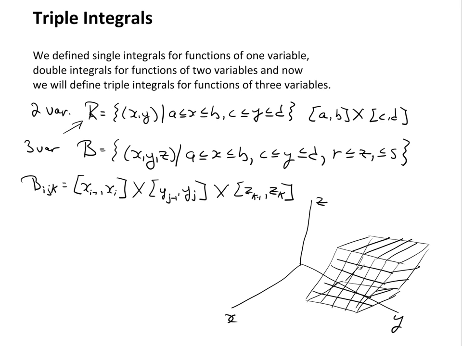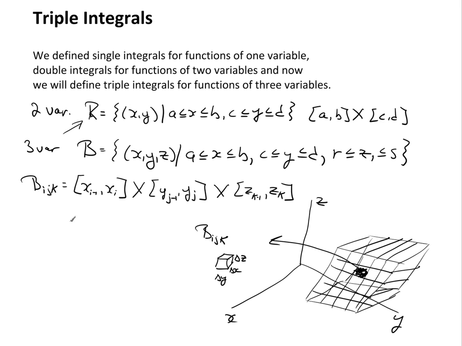So a box inside, like maybe this one right here, if I pull it out, I'm going to call this box B i j k. This box by itself is basically a cube, and it's going to have the dimensions delta x, delta y, and delta z.